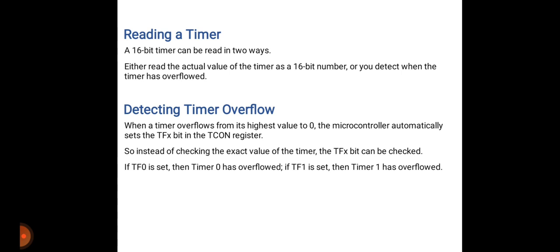We have already studied the TCON register. So instead of checking the exact value of the timer, the TFX bit can be checked. If TF0 is set, then timer 0 has overflowed, and if TF1 is set, then timer 1 has overflowed. In this way you can read the timer.